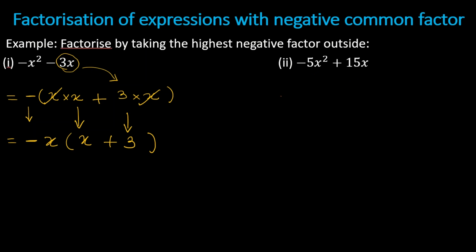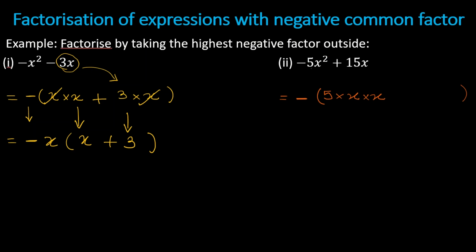The first step is to take the negative sign outside a pair of brackets. Okay? Then we consider 5x squared. 5x squared in expanded form is simply 5 times x times x.